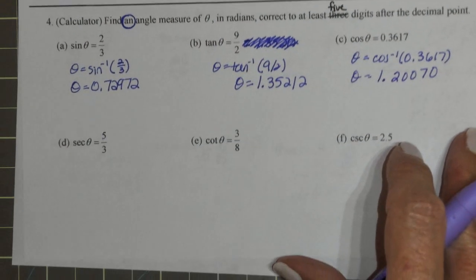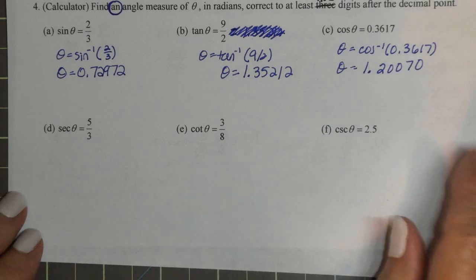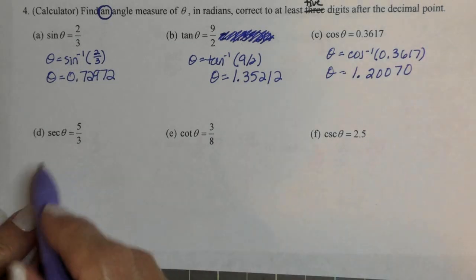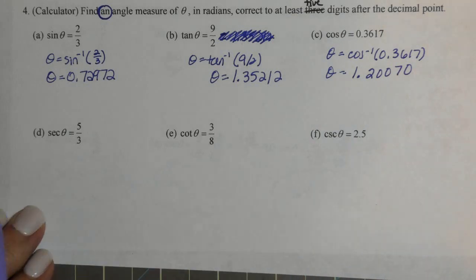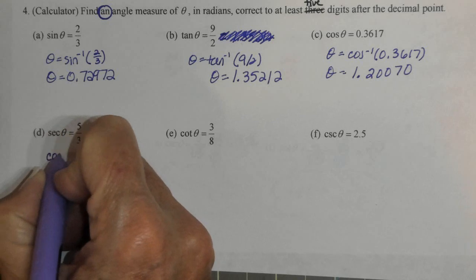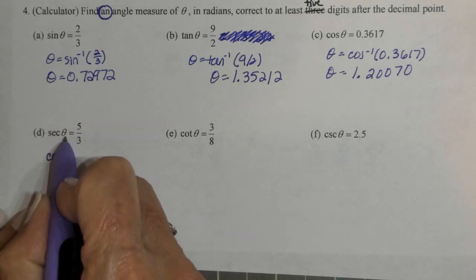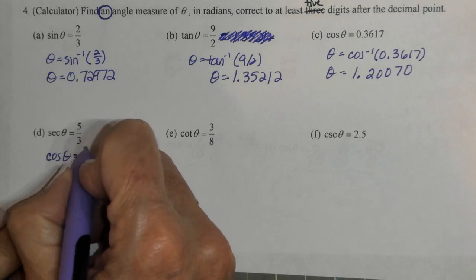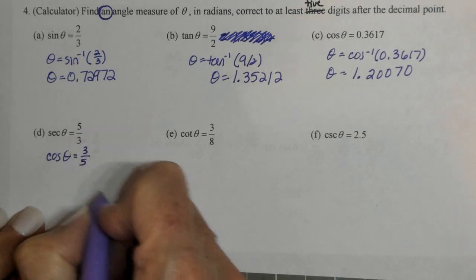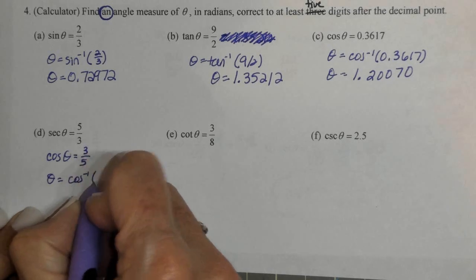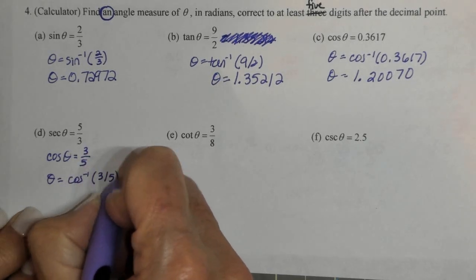Okay, next up we have secant of theta is 5/3. There's no secant inverse on our calculator, so I'm going to rewrite this. If secant of theta is 5/3, then what is cosine of theta? 3/5. So theta will be inverse cosine of 3/5.